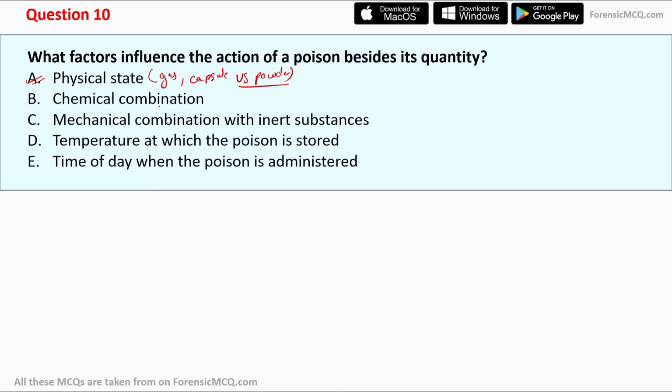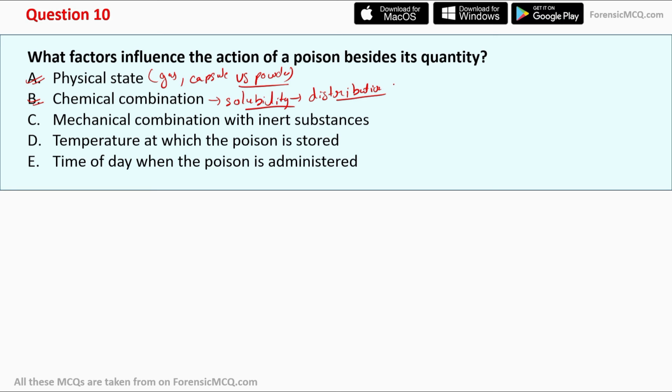Moving to B, chemical composition. This is also true because chemical composition can change the solubility of the compound or substance. And what does solubility do? It helps in the distribution of the poison. Apart from solubility and distribution, another major aspect of chemical composition is that it defines how a chemical or substance interacts with the body.